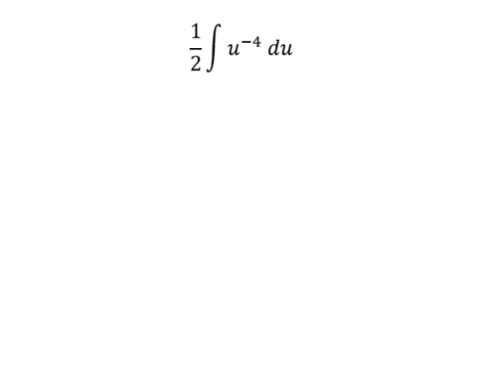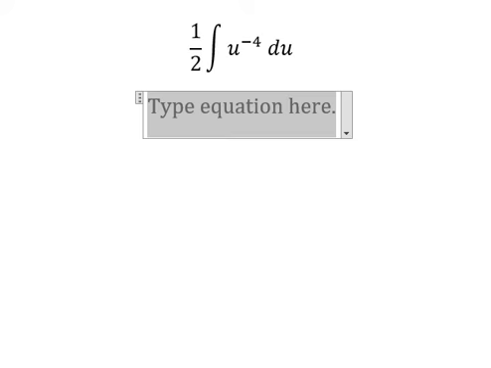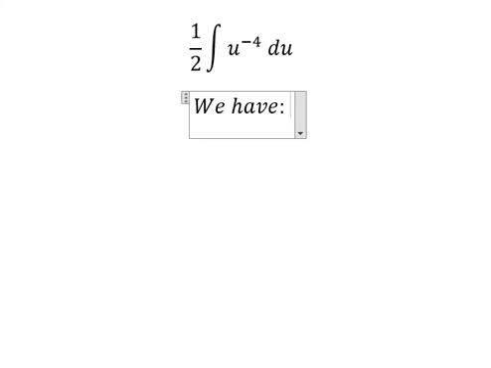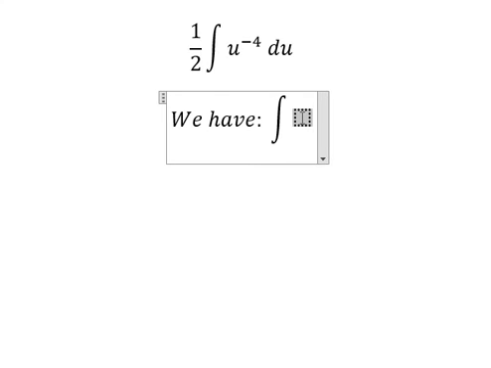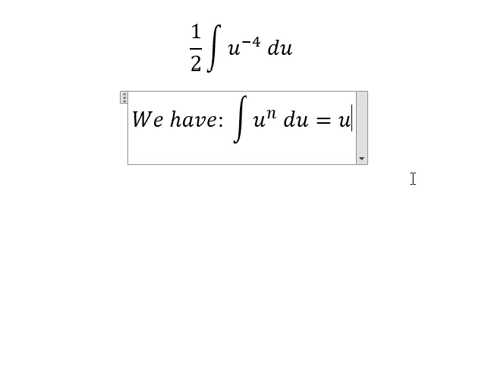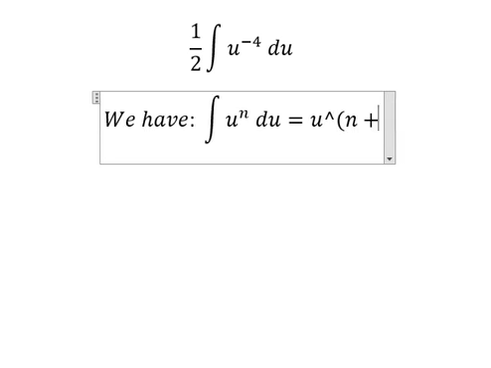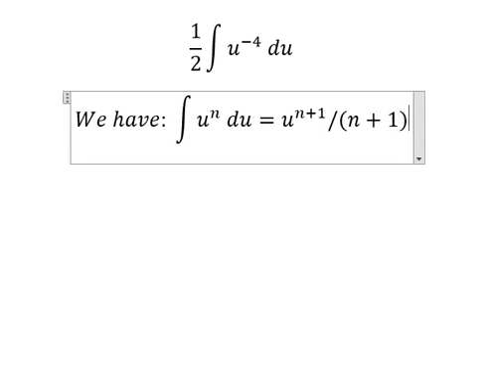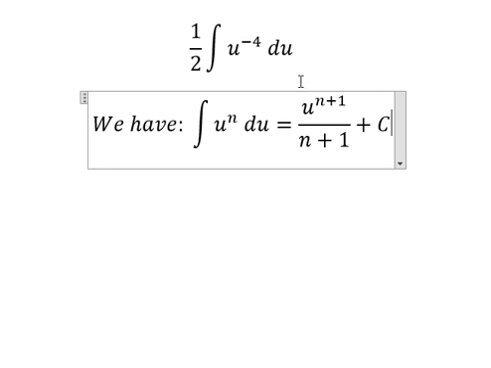Now we have the formula in here. The integration of this one, we have u to the power of n plus 1 over n plus 1, and I will put c.